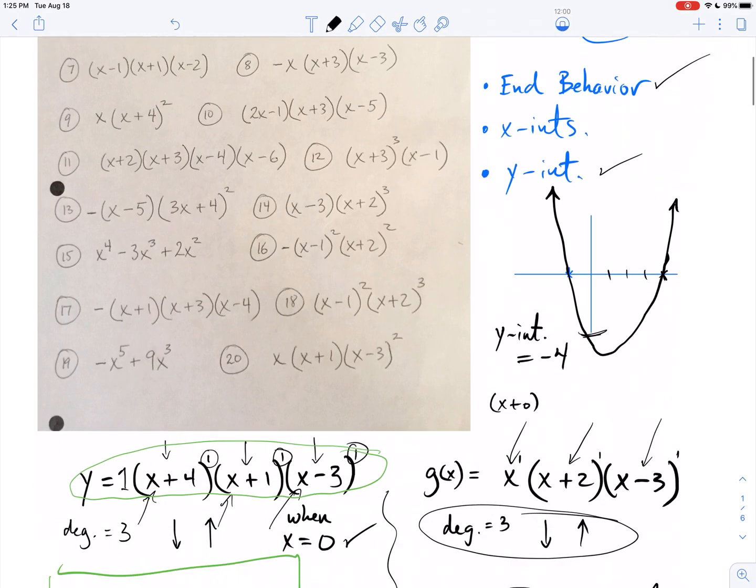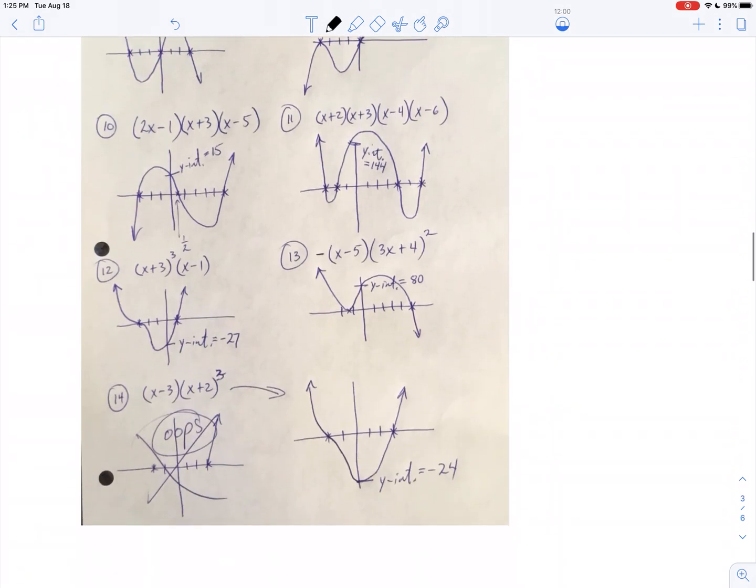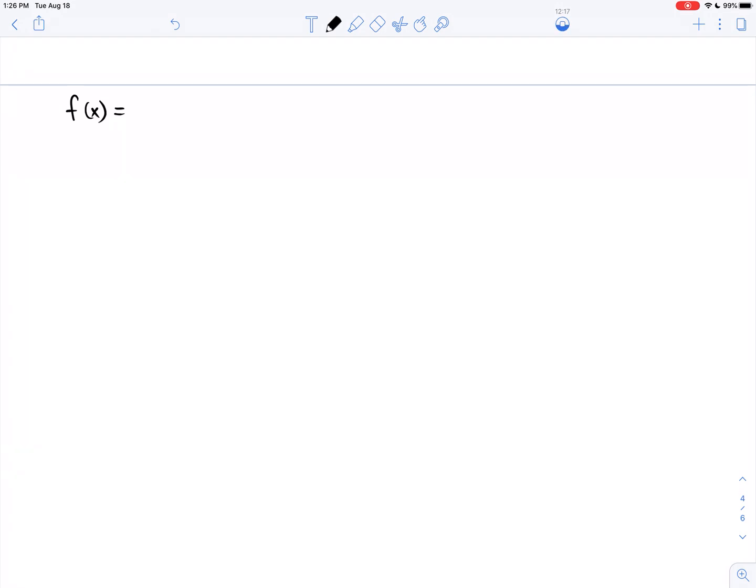So let's look at something that looks like this. Here, I'm going to speed past my answer key for now. And we're going to just take a look at a couple problems here. I'm going to use function notation because that's our next unit coming up. So I'm going to say f of x equals, and then I'm going to give you guys one of each kind.